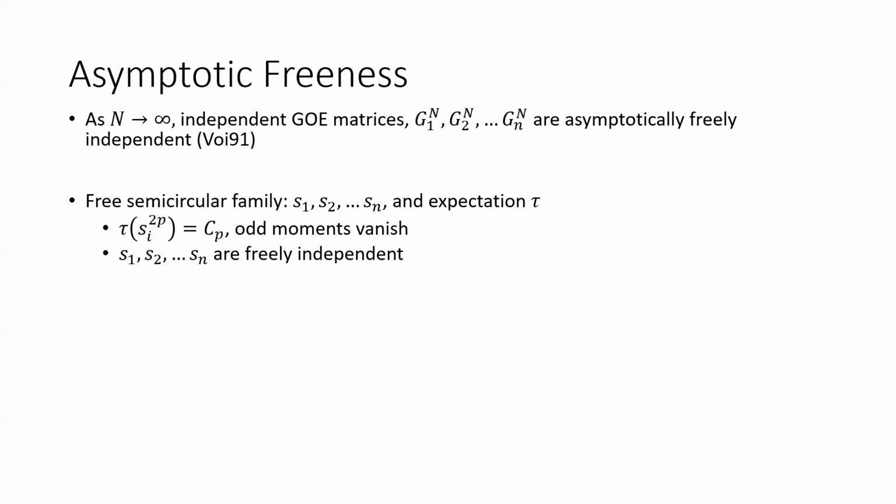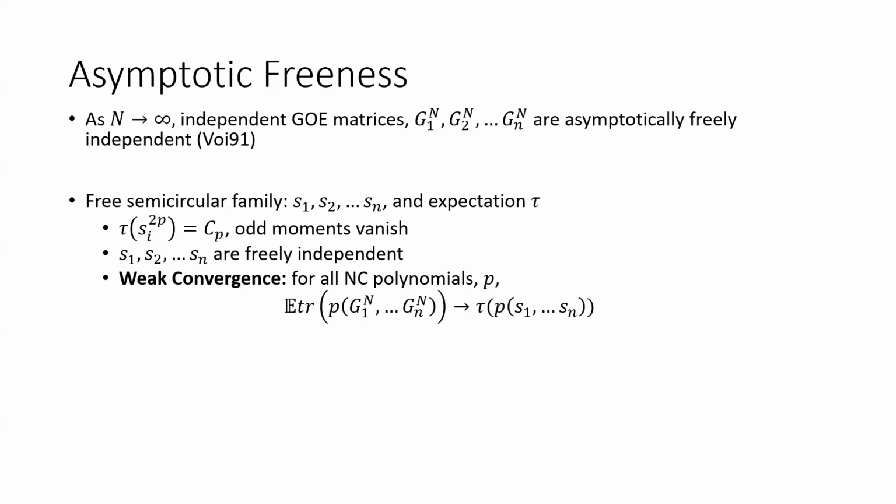So once I have this abstract definition, the asymptotic freeness property tells you that for any non-commutative polynomial P, the expected trace of P of these Gaussian matrices will converge to tau, the expectation of this polynomial P of S1 up to Sn. In other words, the expectation converges for all polynomials.